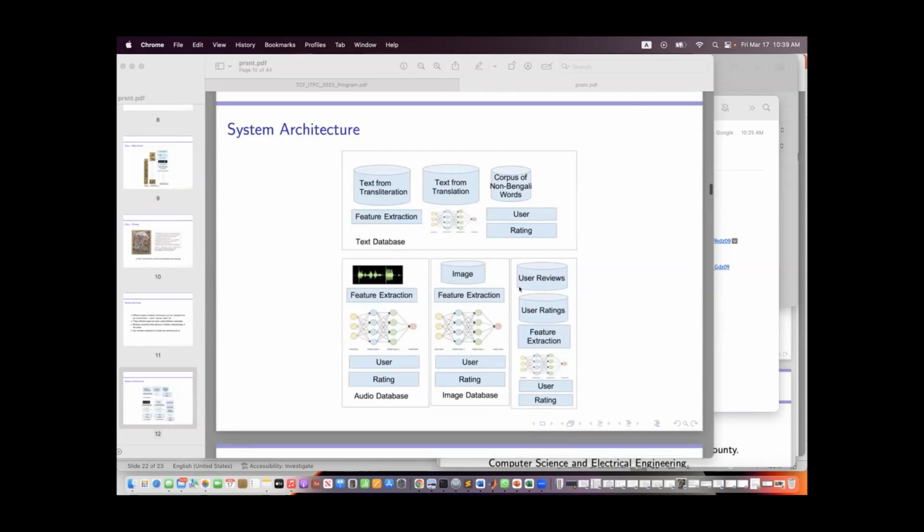So the system architecture that we have is sort of like this: we have textual databases, and from these large-scale text databases, and for now you can assume that these have been translated into English, we get the lyrics of the song, and we use the English text to extract what are known as features for learning models. And how we do that is very simplistic features.